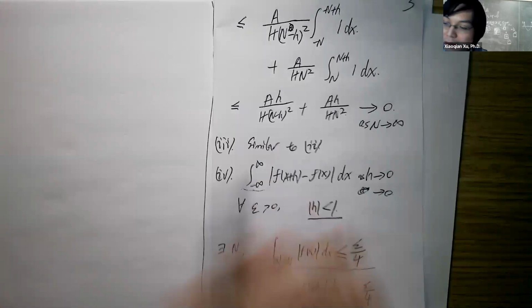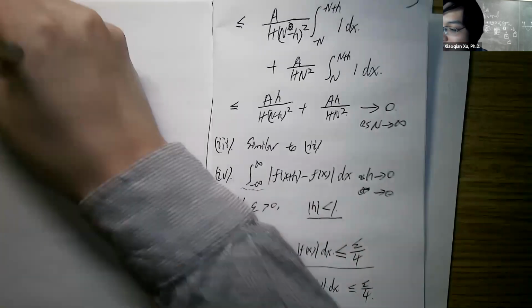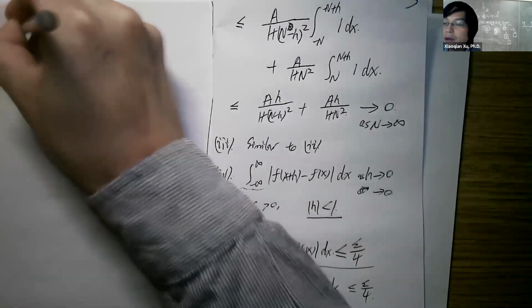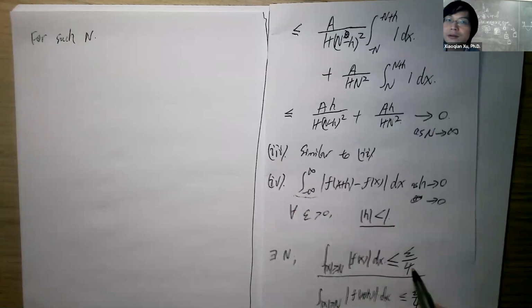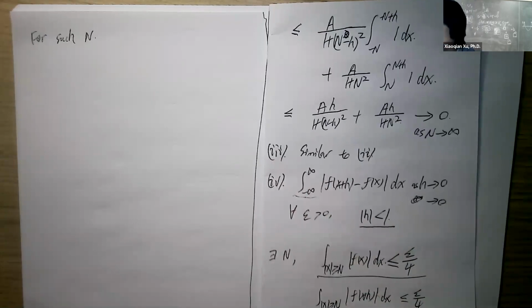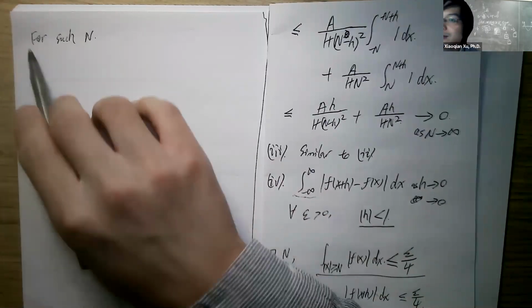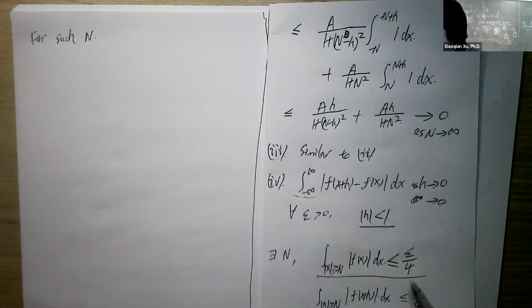For such n, now it is a fixed number, because as long as you give me this function and this epsilon, I can find such n. For instance, it could be 1,000 or 1 million. It doesn't depend on h, it only depends on epsilon.